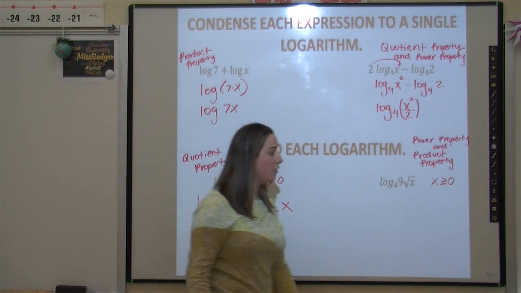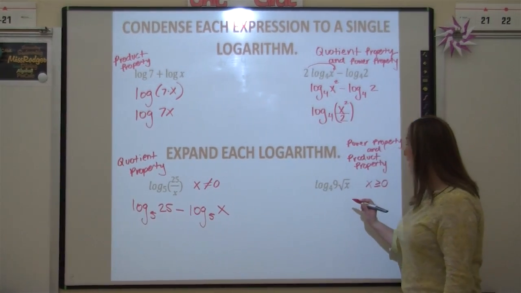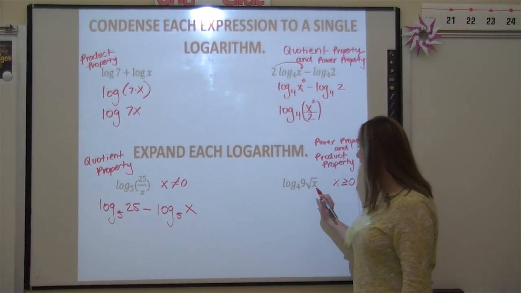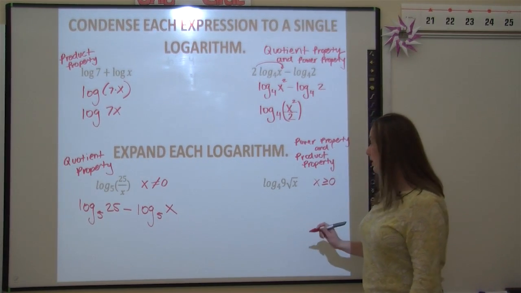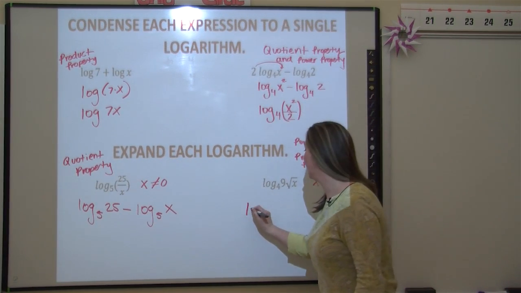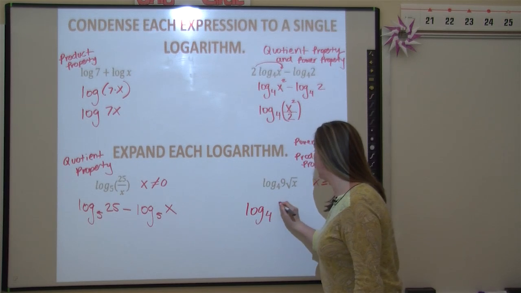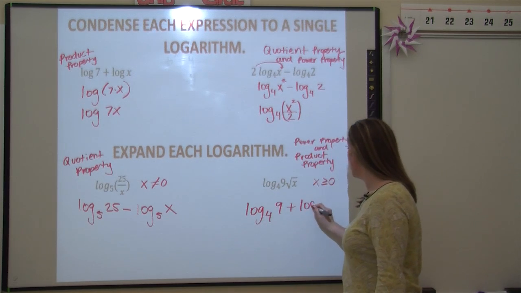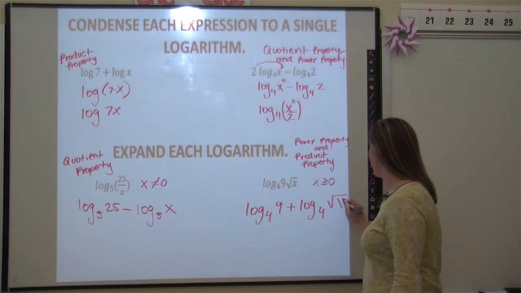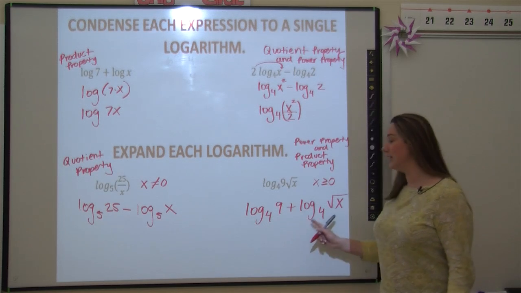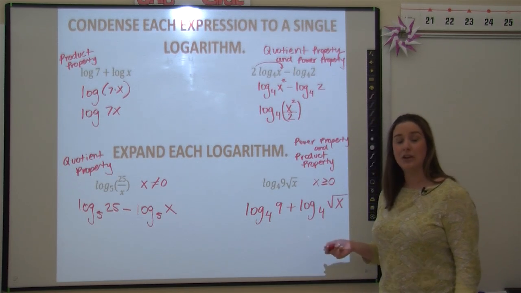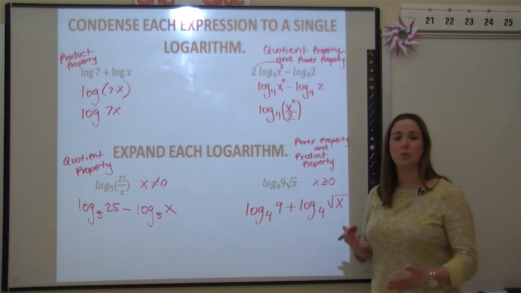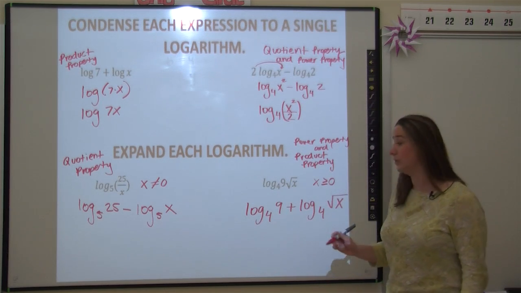And for my last one, log base 4 of 9 times radical x, I'm going to use the power property and the product property. Log base 4 of 9 plus log base 4 of radical x. And I want to take this a step further and think about what radical x means in respect to exponents. And this is when you want to think about your exponent rules.